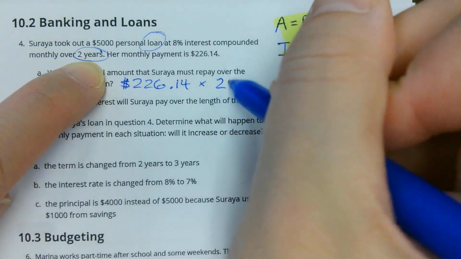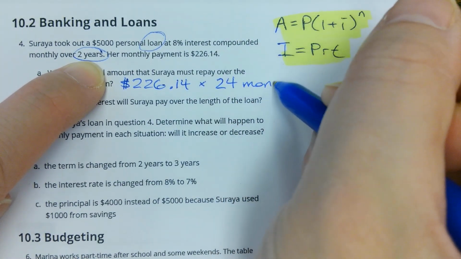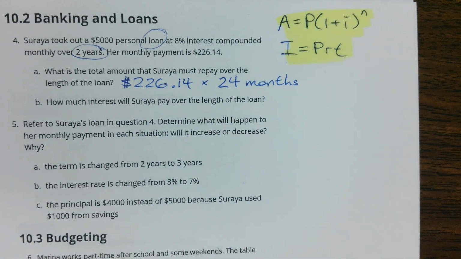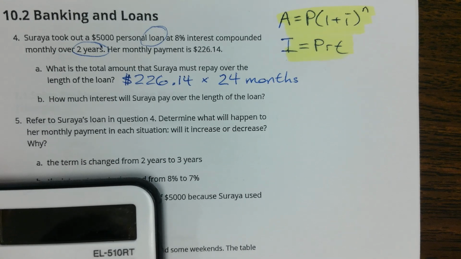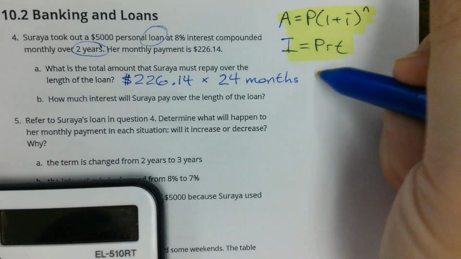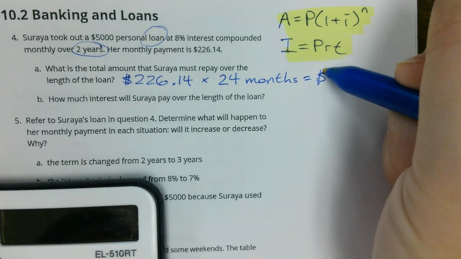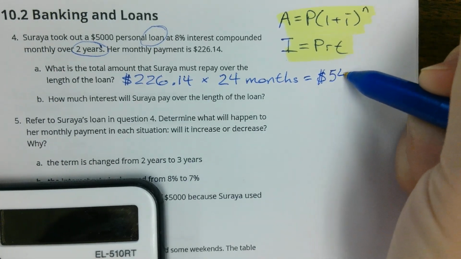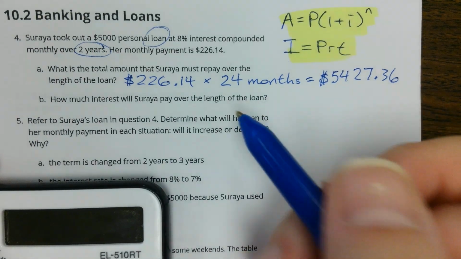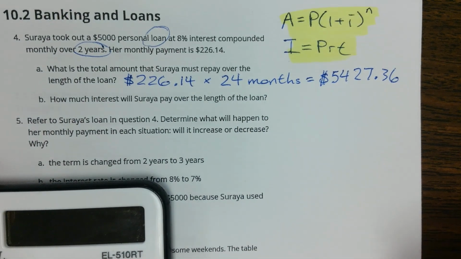So in 2 years, there's 24 months. If you times it by 2 only, it will mean that she only borrowed for 2 months. So 226.14 times 24 months, it means that in total, she has to repay $5,427.36.